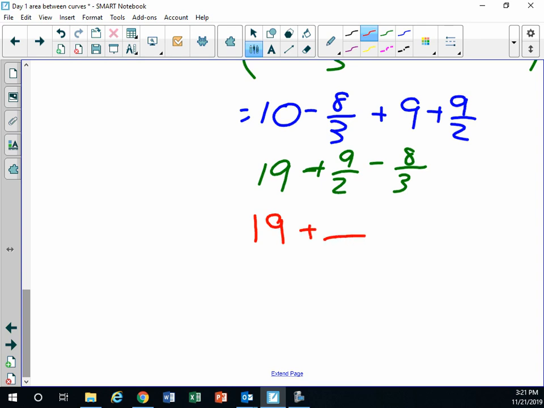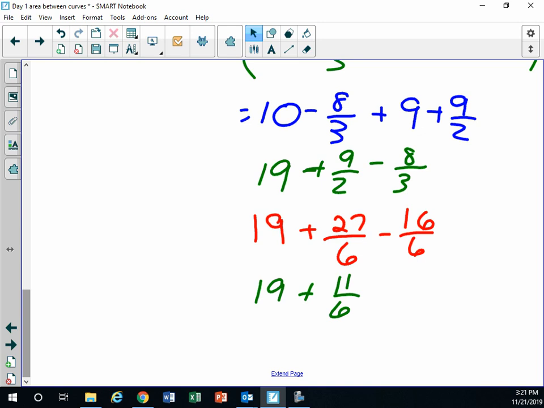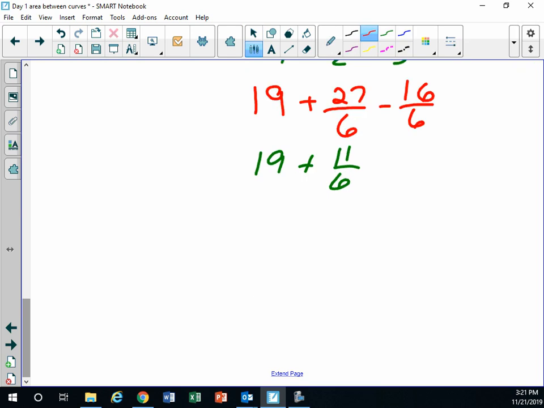I'm just going to do these in 6s. So 19 plus 11 over 6. 19 times 6, well 20 times 6 is 120, so 114, over 6 plus 11 over 6, which makes it 125 over 6.